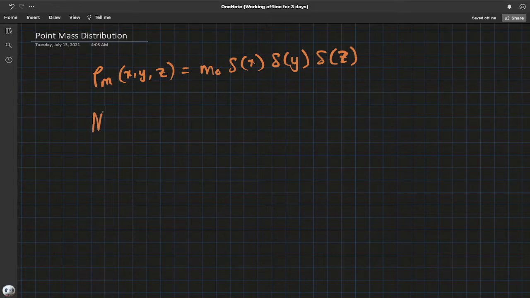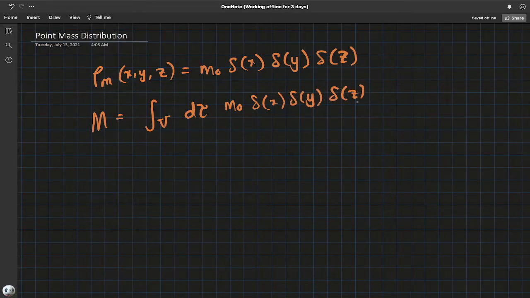And so the total mass, capital M, is equal to the volume integral of this density function over, say, all space V, where the density function is m naught delta x, delta y, delta z.